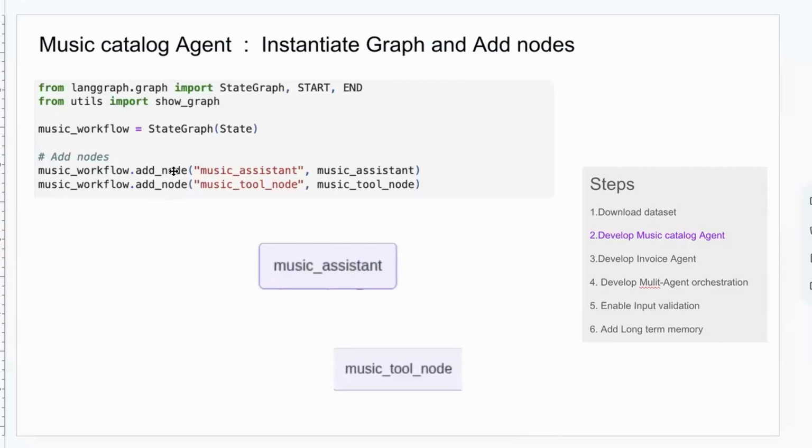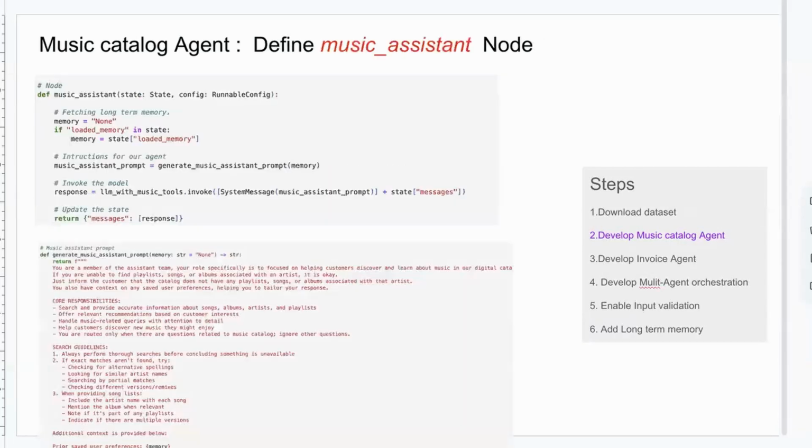This is pretty simple, right? You define the state. Again, this is the same mechanism all over. Everywhere you'll see in the LangGraph examples, you create a state, and then you add a node called Music Assistant. You add a node called Music Tool. The Music Assistant is the one we defined here.